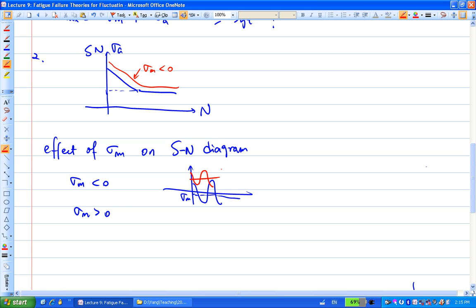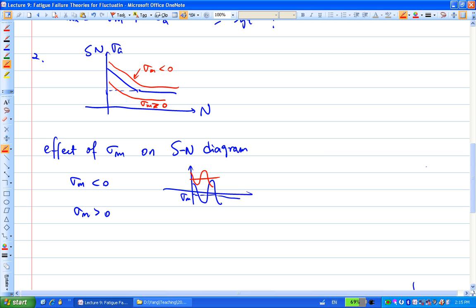Because it's under an accentuated tensile stress, right, for the part. Okay, so then the SN diagram, it will be a curve below this guy here. Okay, yeah. Greater than 0. Okay, yeah.